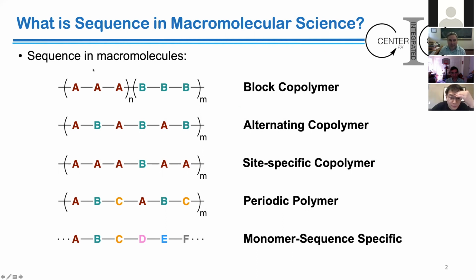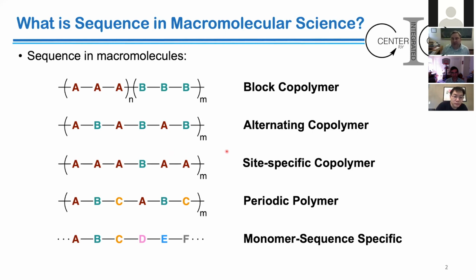For example, if you have a polymerization between two different monomers, you can envision a copolymerization that gives a block copolymer sequence, an alternating copolymer sequence where we alternate A, B, or a site-specific copolymer sequence where you have mostly A and then occasionally you get a B. And so those are all possibilities.